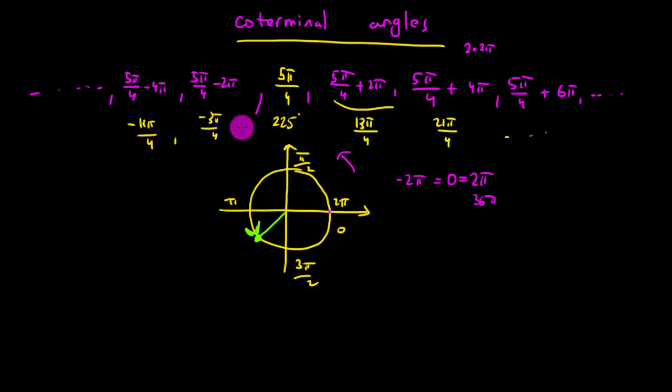So they are all the same thing, and they will all meet at the same point here. Okay, let's look at this example. We know that 5 pi over 4 should be equal to 13 pi over 4, and this one should be equal to minus 3 pi over 4.